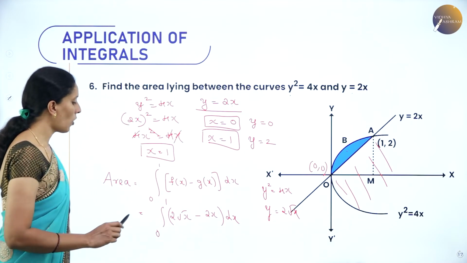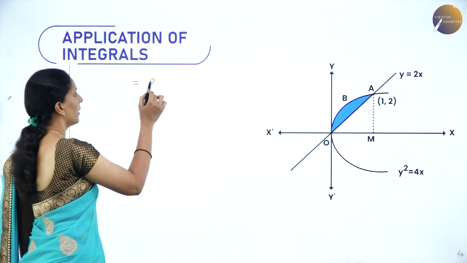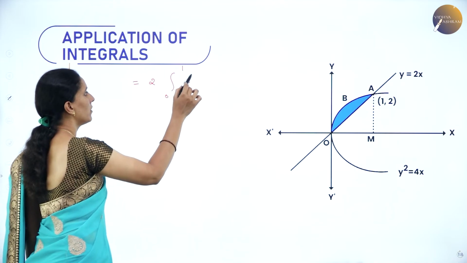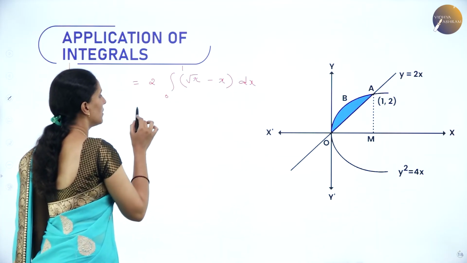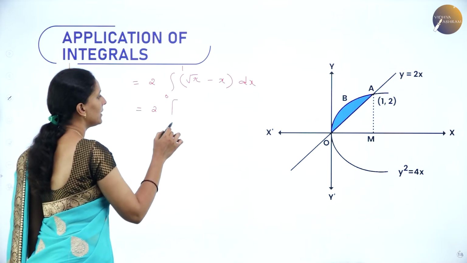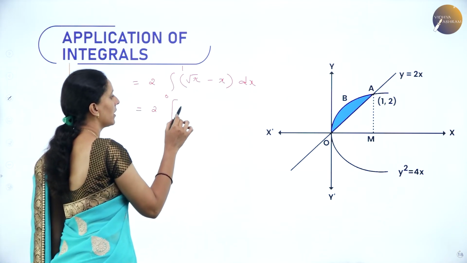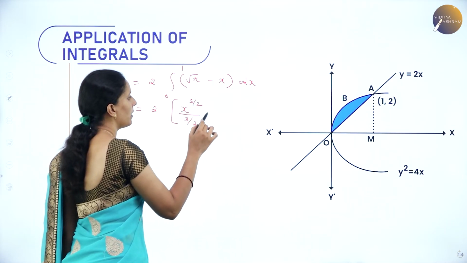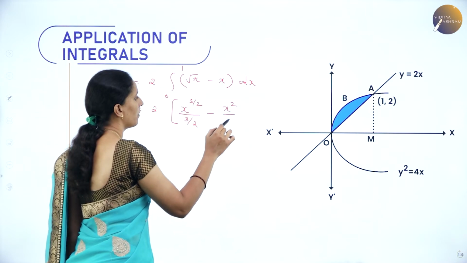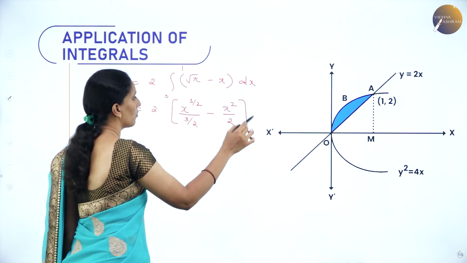We can take 2 outside. It becomes 0 to 1 root x minus x dx. So 2 times apply the integral. This becomes x to the power 3 by 2 by 3 by 2 minus x square by 2, from 0 to 1.